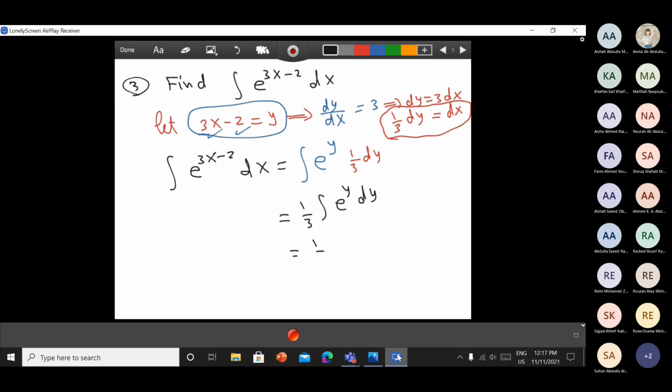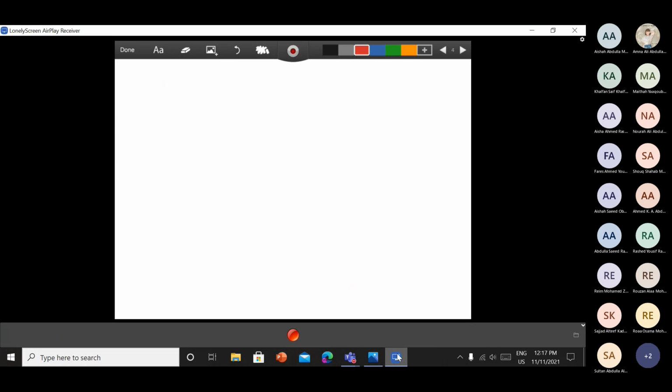So this is 1 over 3 e to the y plus c. Once you pass the bridge of the substitution, get back everything into the normal variable. Y, I take it as 3x minus 2 plus c. Yes, it is easy when I know what the right substitution I should do. Let's go for this one.